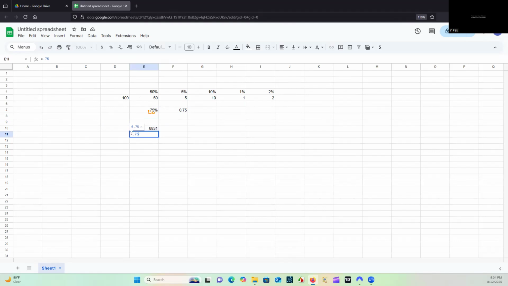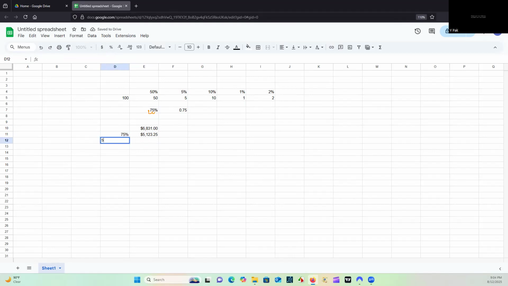Now you multiply it by the number that you're interested in. So what's 75% of 6,831? And ta-da, that's 5,123.25. So let's pretend this is a dollar amount. Let's just put a dollar sign there, and we'll put a dollar sign there. So this is 75% of this.